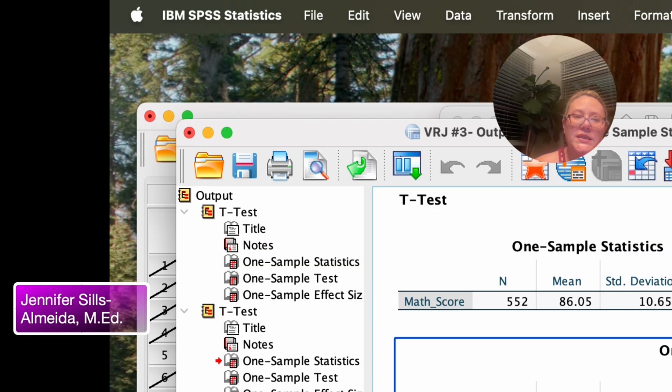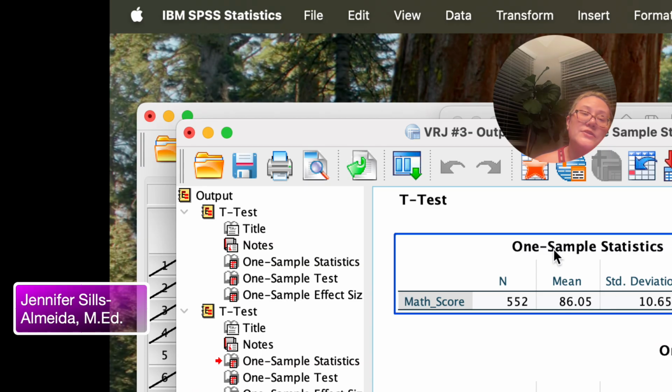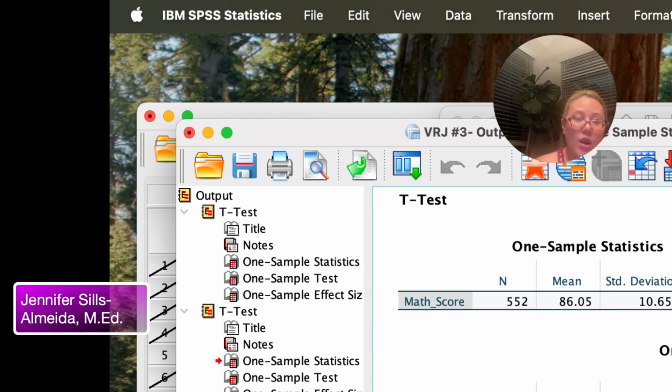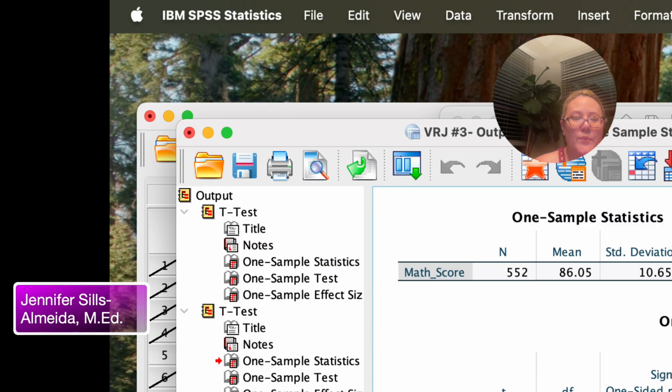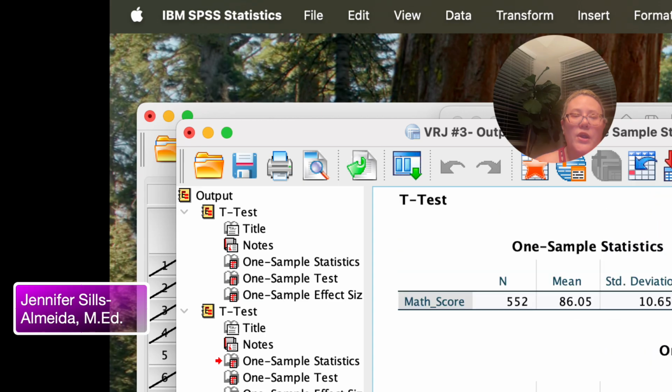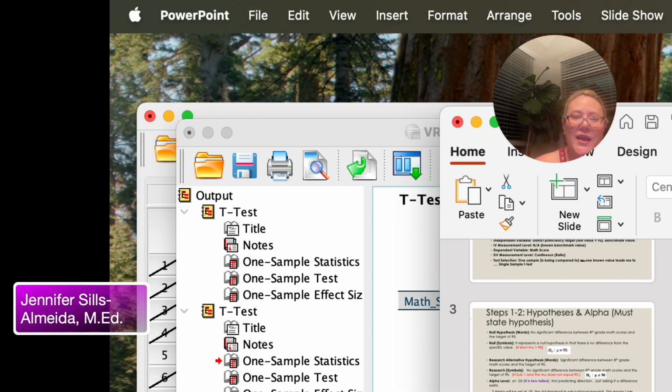The benchmark was 90, and the students' eighth grade score was 86.05, right? So this is not far off from where we need to be, and that kind of shows you where we have those connections.